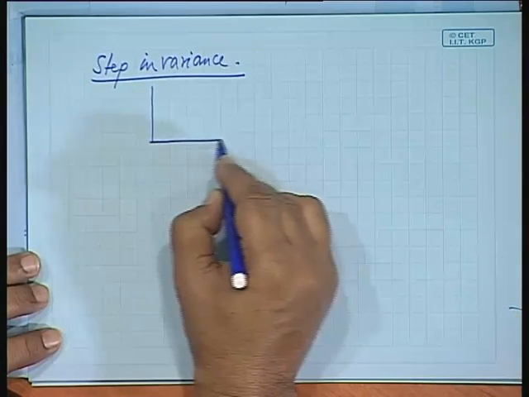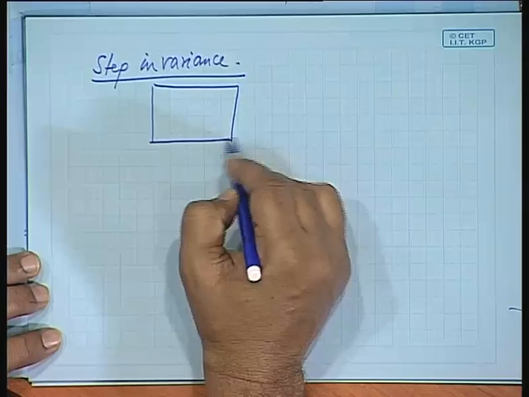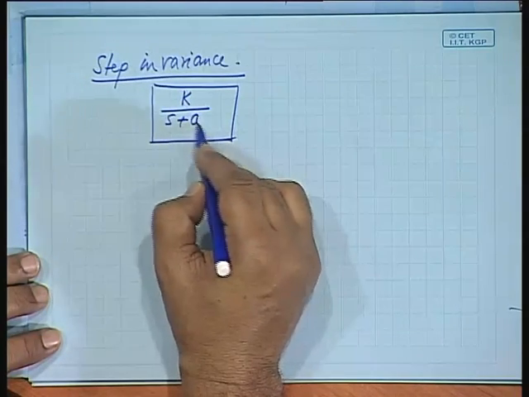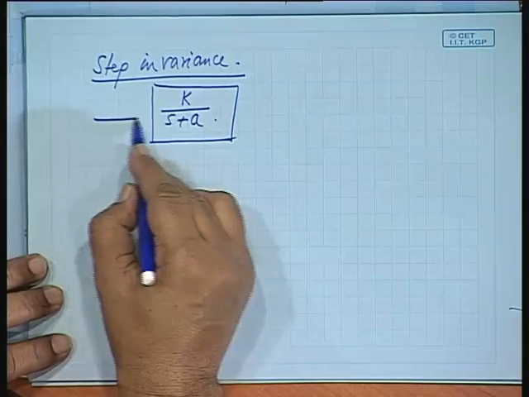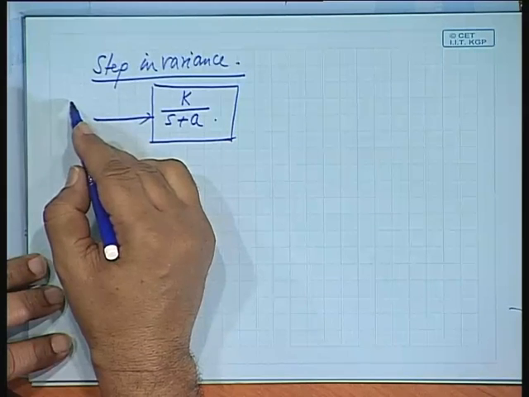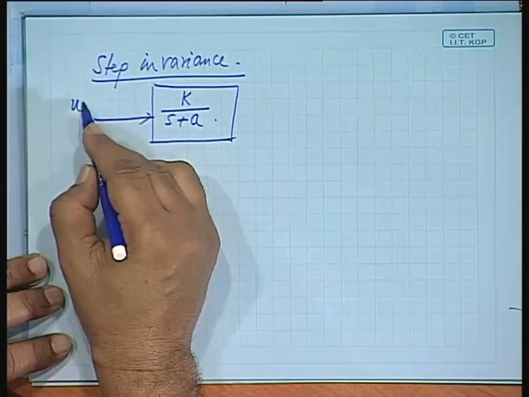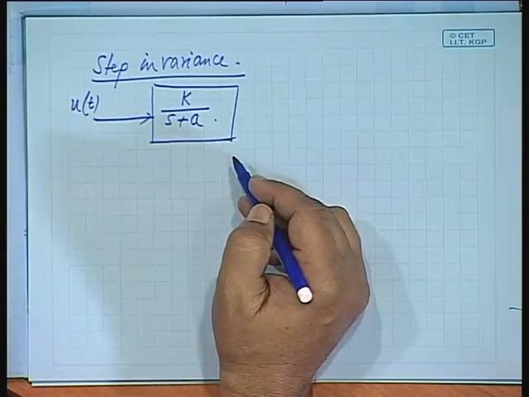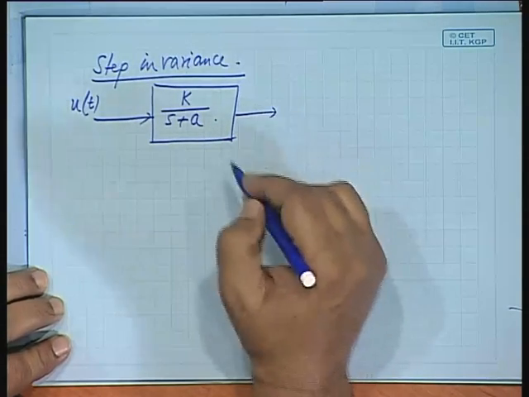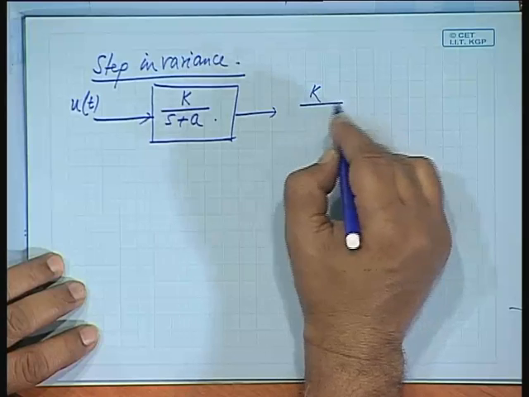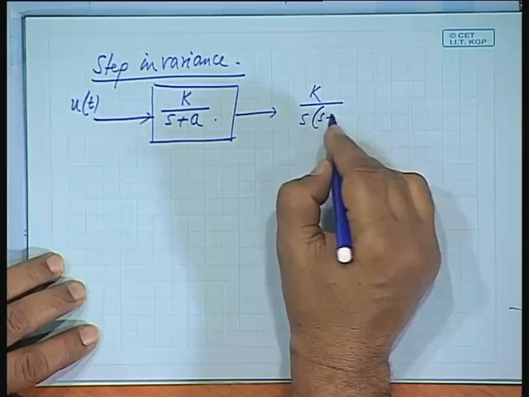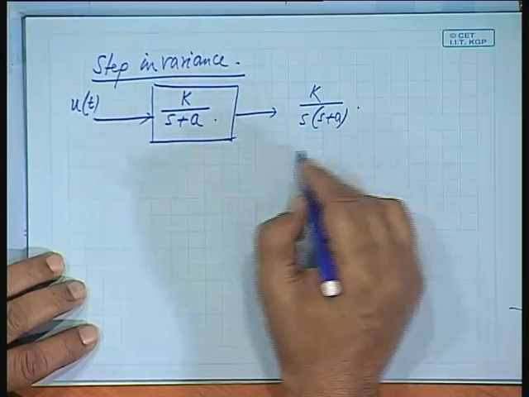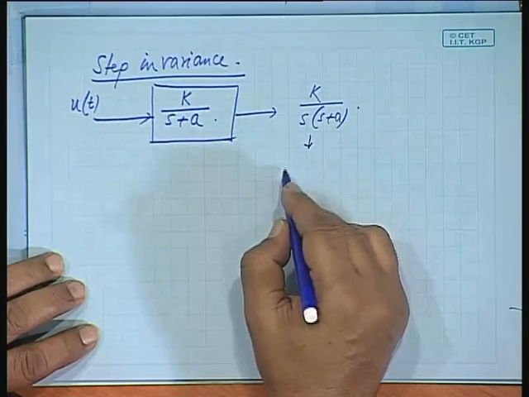Let us take once again a very simple factor, k by s plus a. Now suppose I design it for a step input instead of an impulse. In the continuous domain, if I give a step input, what is the corresponding output? K by s into s plus a. Do you all agree?